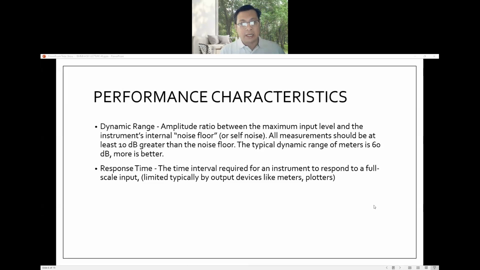This is already mentioned as a guide for us, to design something so the noise in the building is not more than that. Response time is the time interval required for an instrument to respond to a full scale input, limited typically by output devices like meters and plotters.